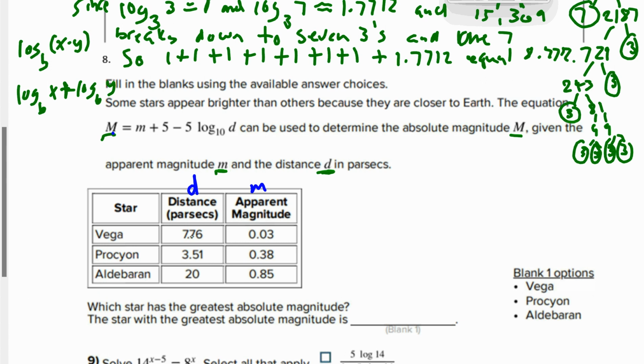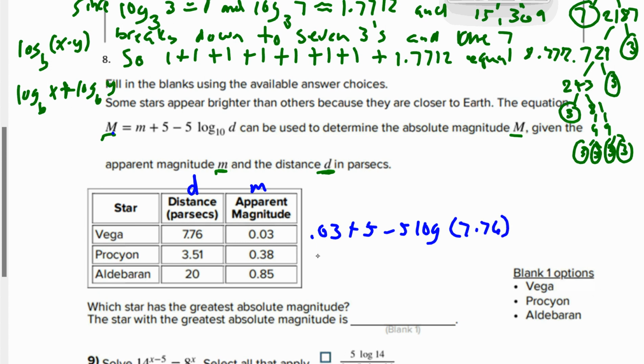So I want to plug in 7.76 for my d into this equation, and 0.03 for my little m, so plus 5 minus 5 log base 10. That's just log on my calculator, with the distance of 7.76.